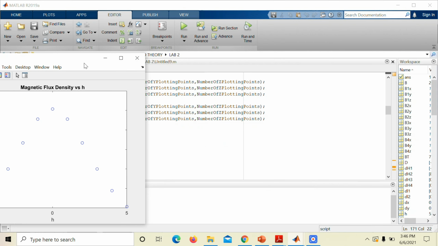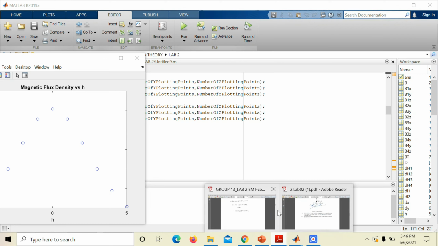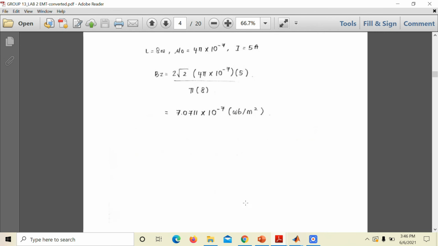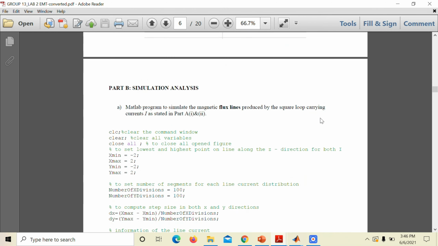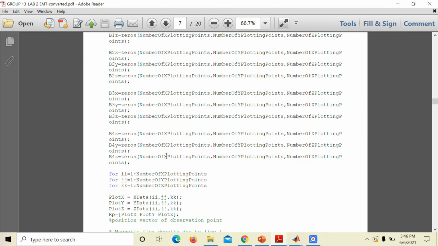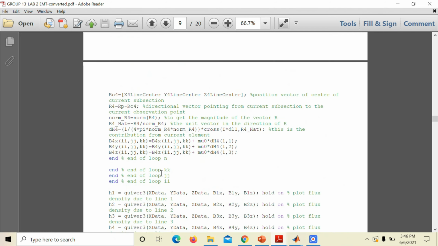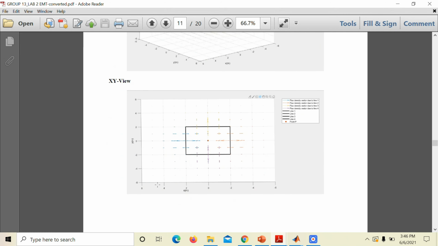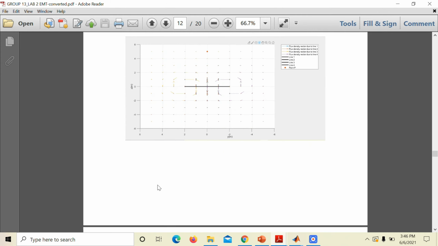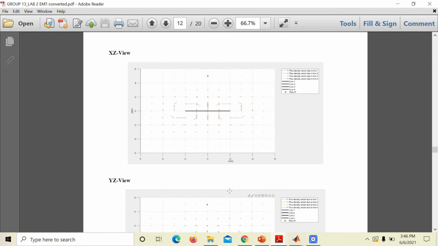From the three-dimensional views we can get the two-dimensional views, which is here: XY view, XZ view and YZ view.